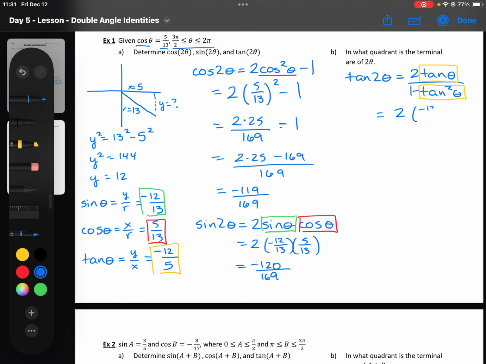So I've got 2 times minus 12 over 5 over 1 minus minus 12 over 5 squared, which simplifies to minus 24 over 5. Then I'm going to change this to 25 over 25 minus 144 over 25. When I simplify that, I get 120 over 119.